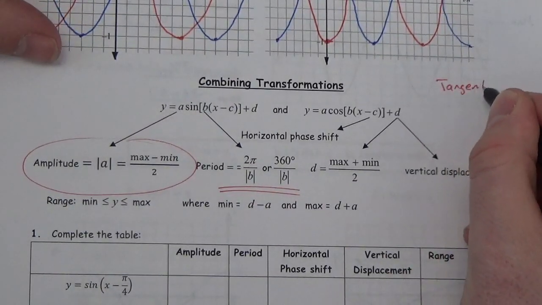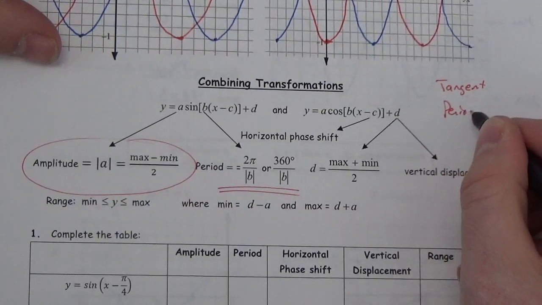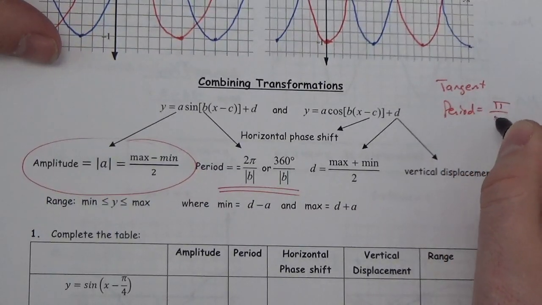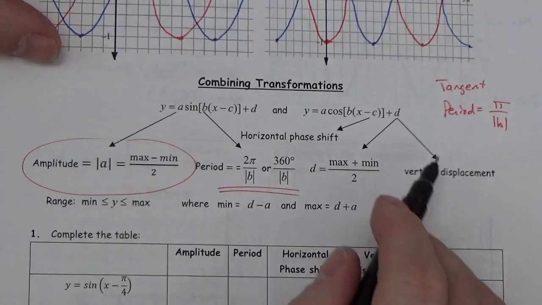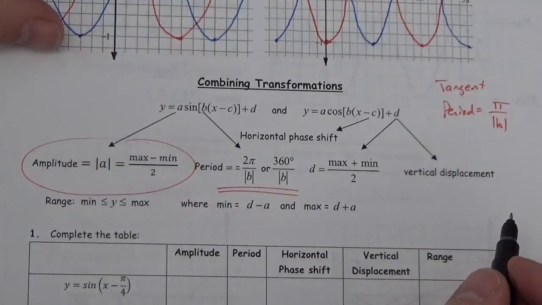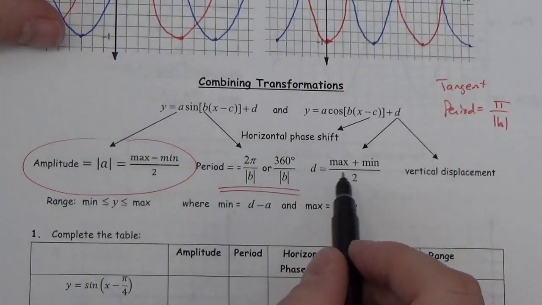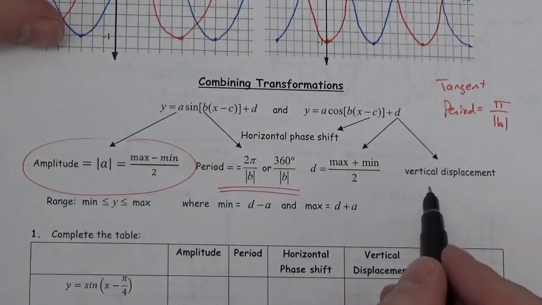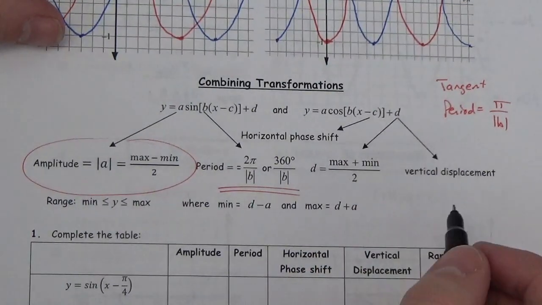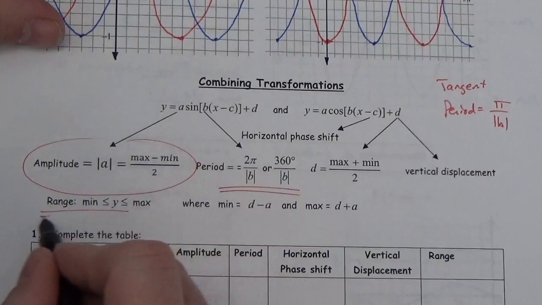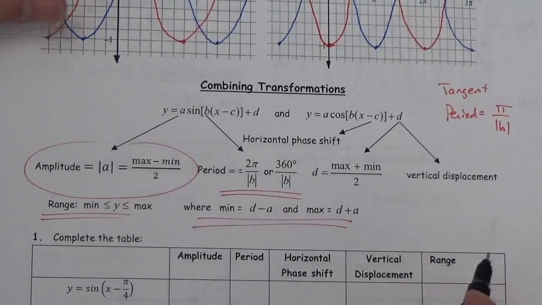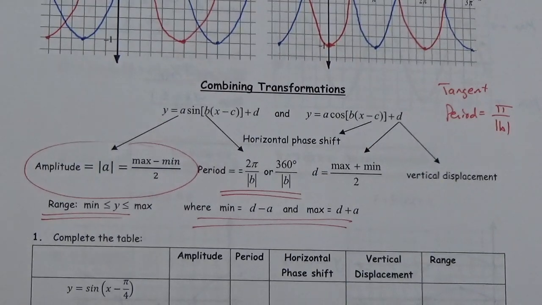If it's tangent, your period is going to be pi divided by the absolute value of B. Tangent has a slightly smaller period. D is going to be the average of the maximum and the minimum values, and the vertical displacement, that's going to be your D value. And here's the relationship between D and A and your max and your minimums. Now let's start looking at some questions.